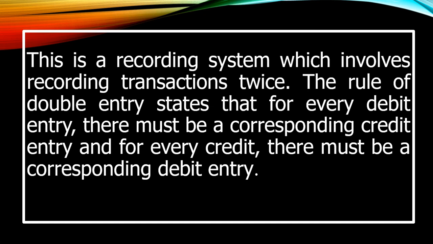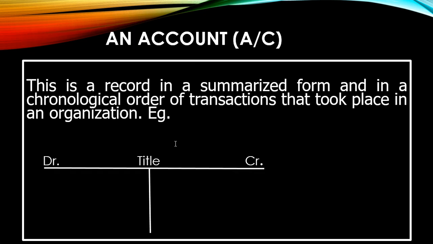Now, an account by definition is the record in a summarized form and in a chronological order of transactions that took place in an entity. So here I think a very good example: for purposes of summarization, we summarize an account in a T format.